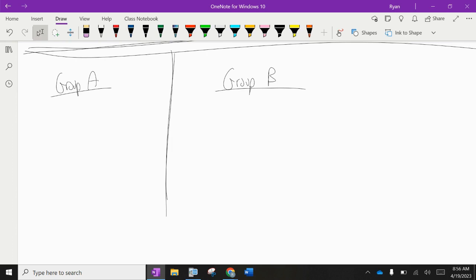Just keep it very simple that way. In group A, the average of their scores was a 72. Their standard deviation is a 3.1. Group B, let's say that their average is an 84. Their standard deviation is an 8.